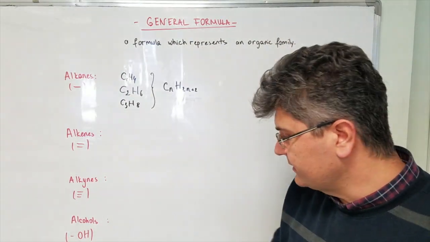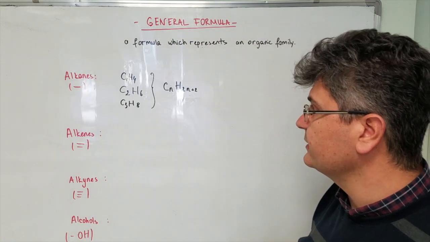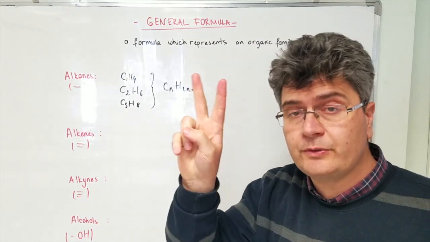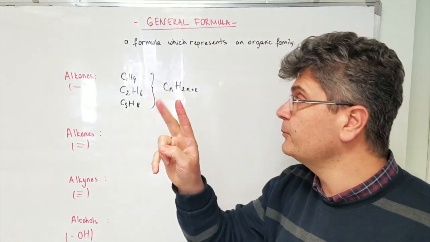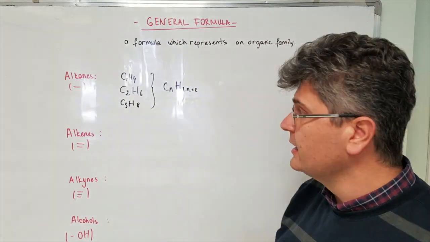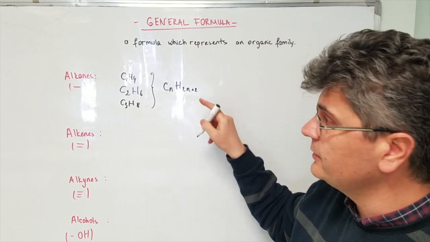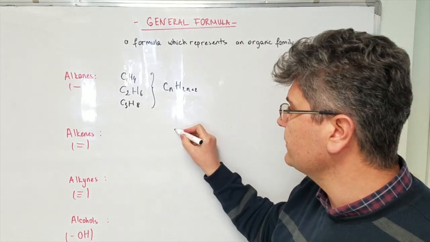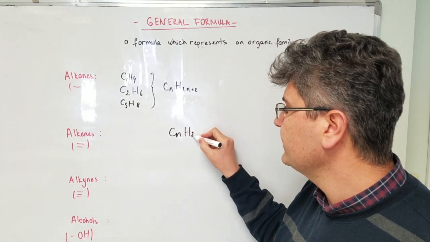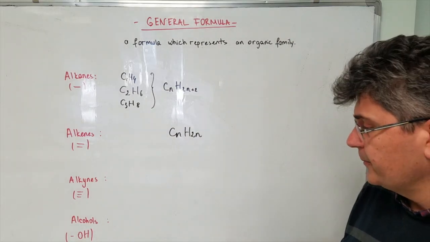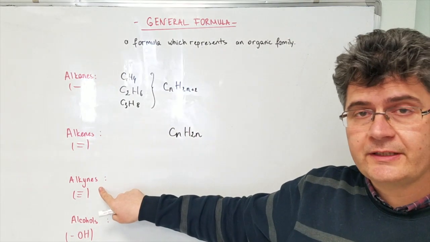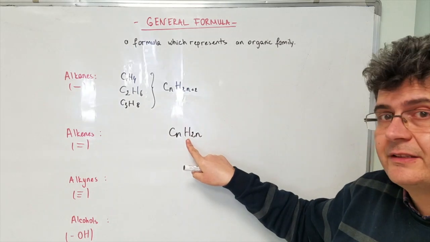So in all the cases, number of hydrogens in an alkene will be 2 less than number of hydrogens in alkanes. So if the general formula of alkanes is CnH2n+2, the general formula of alkenes will be CnH2n.